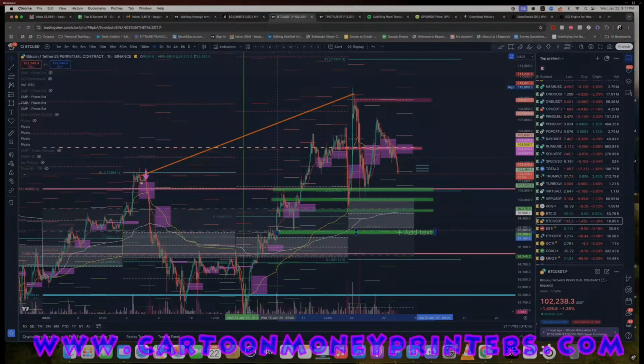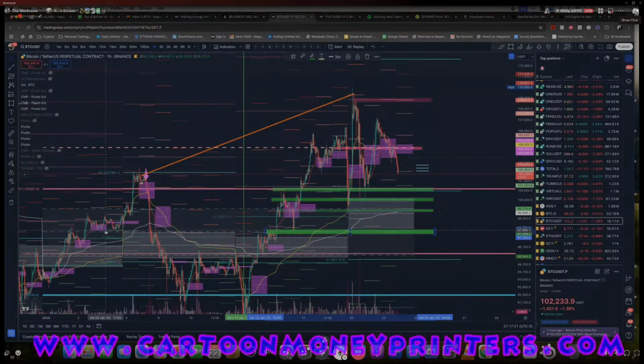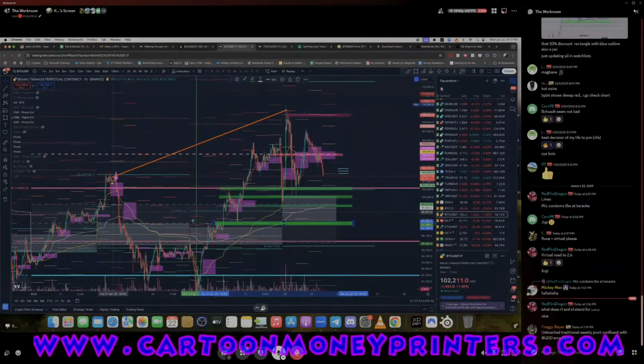So here, the center of the monthly CPR, and then you have where price came up, rejected, and then flew right through it. And right over here too, price came down and bounced off. Again, this was the center of a monthly CPR, so you're going to get these reactions. Always a very strong level.